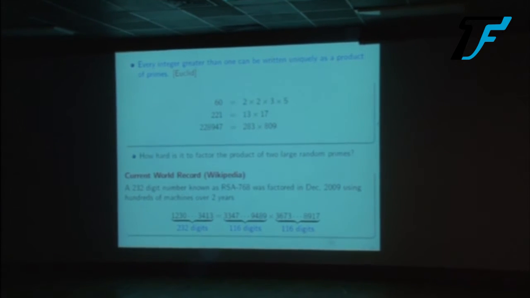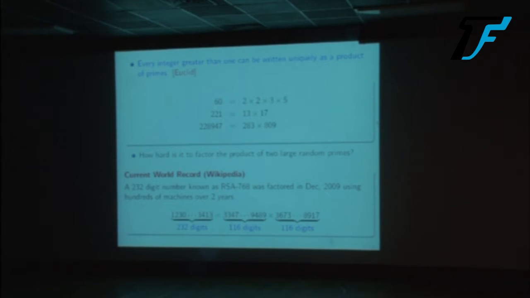So I think the public record happened in 2009 when this particular number was a product of 2 primes, 232 digits long. And the people who factored it took hundreds of machines 2 years.